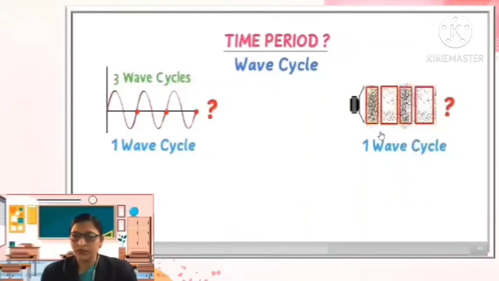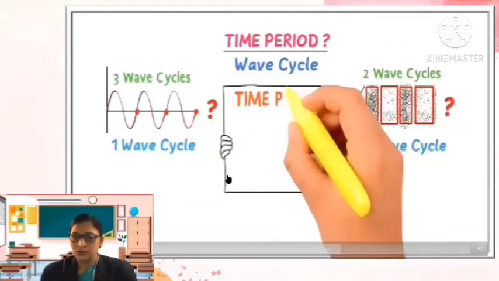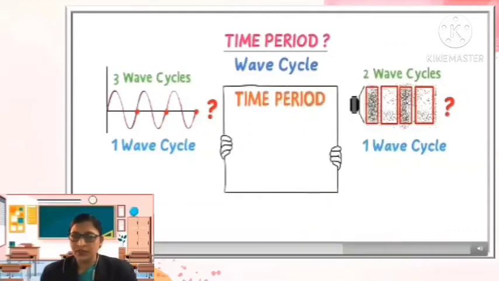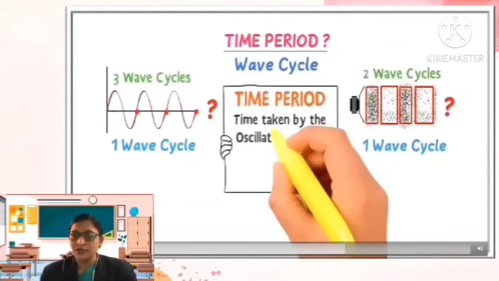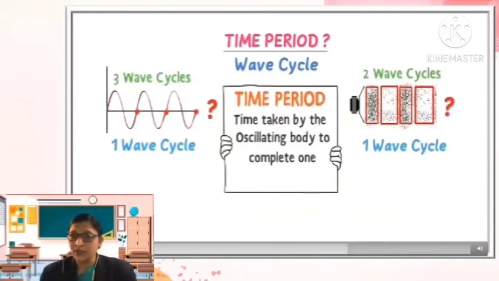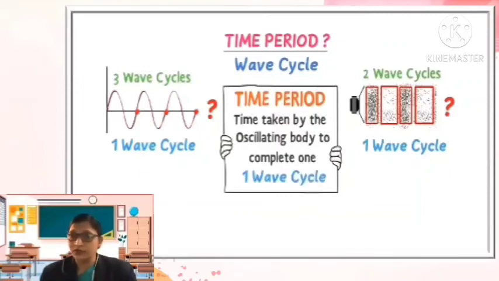And if you look here, this is one wave and two waves. In this case, you can see two wave cycles. So the time period is the time taken by the oscillating body to complete one wave cycle.